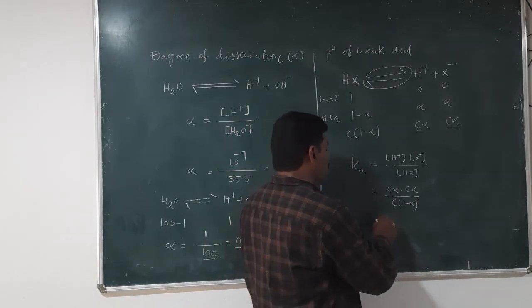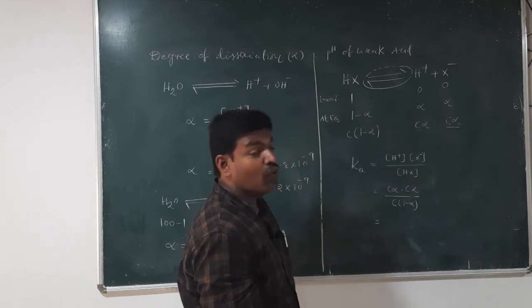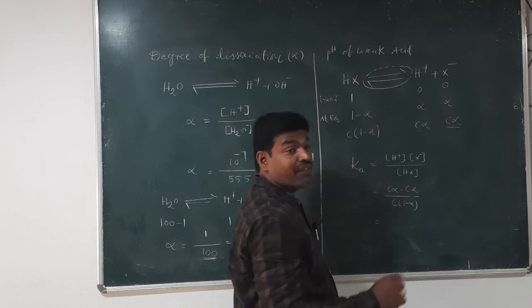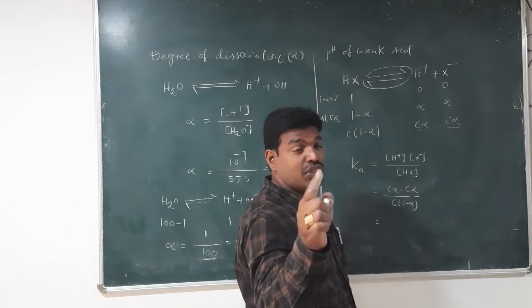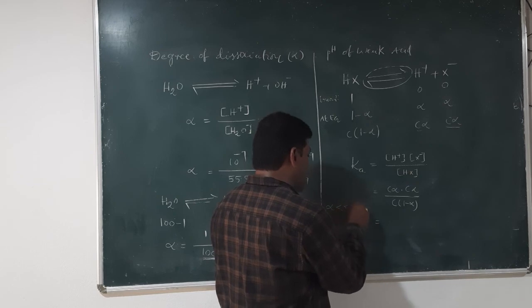For a weak acid, the degree of dissociation alpha is less than 1.